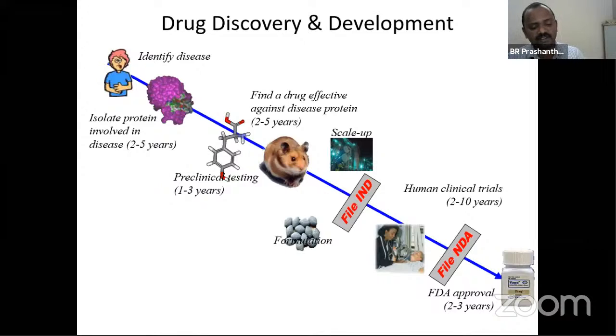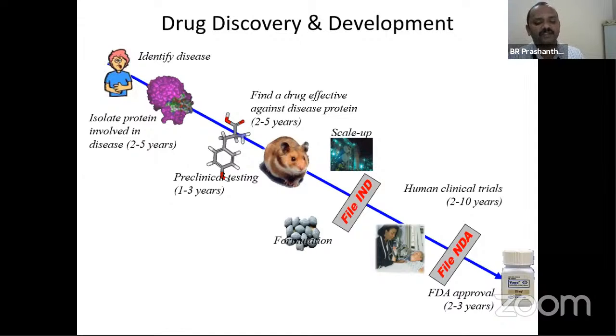Sometimes it may be an enzyme or sometimes it may be a receptor. Then we should try to find a way to produce this protein by recombinant DNA technology, so that we can get it in abundant amounts, so that we can do the screening of libraries of compounds.